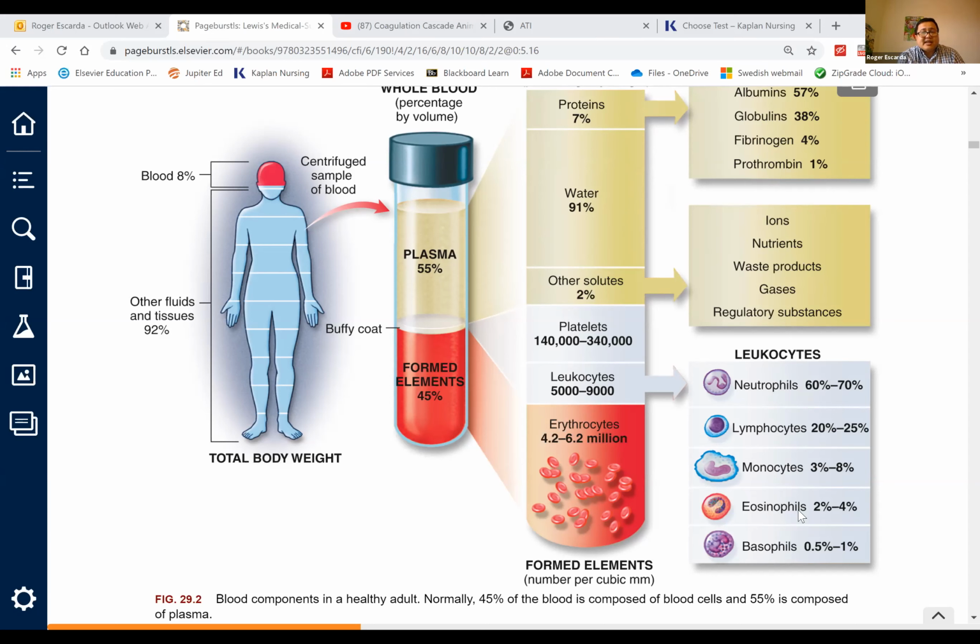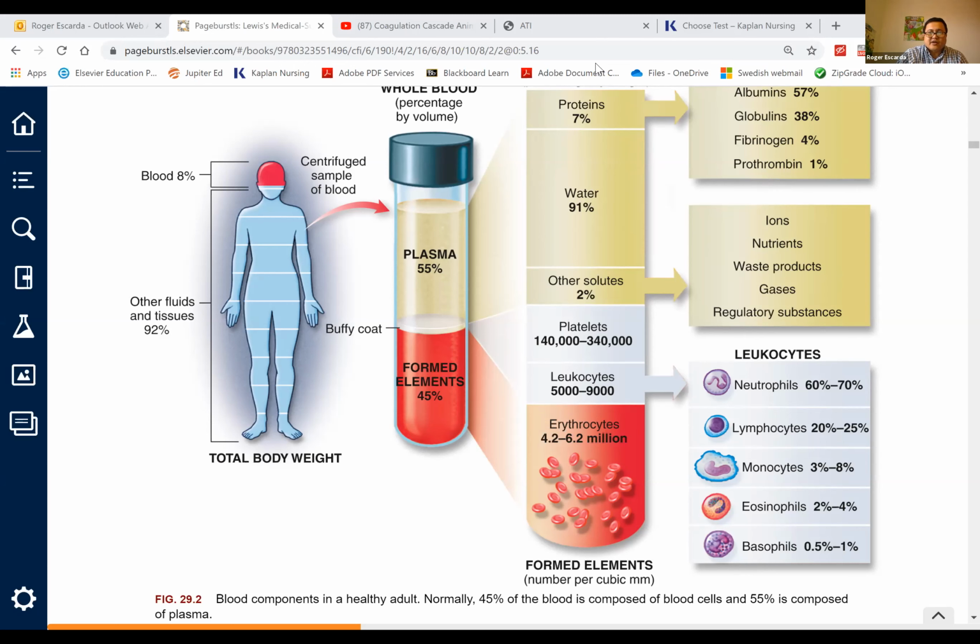So let's say you're having an asthma attack or a COPD exacerbation, or a flare-up of your lupus, for instance, or other autoimmune disorders. So again, an elevated white blood cell count doesn't automatically mean that you have a bacterial infection. It really depends what that total blood count is made of.